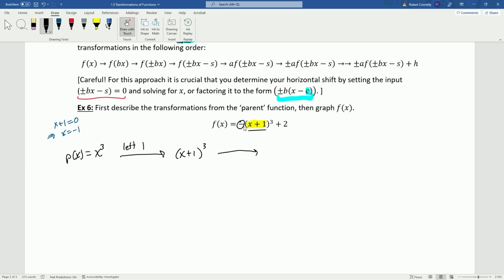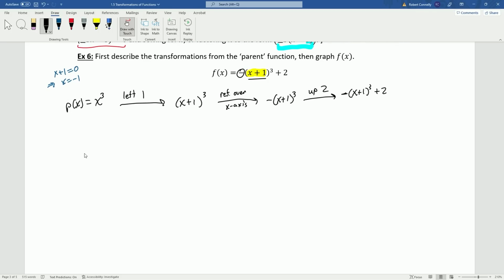So that's going to give us negative f of x. So that's a reflection over the x-axis. Now we've got the plus 2 at the end. So this is just a shift up 2.